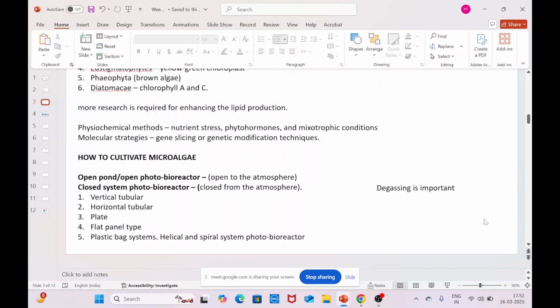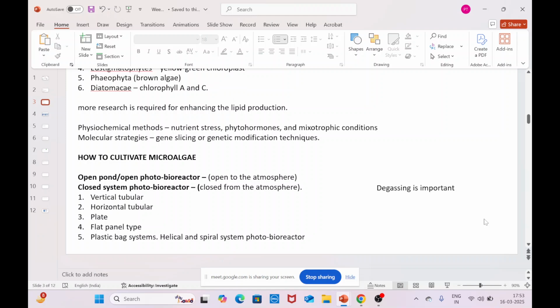So space requirement, in case of which one is it less, closed or open? Their space requirement is less. Okay. Typically speaking, there are only two places where open and closed system reactors actually contradict each other.